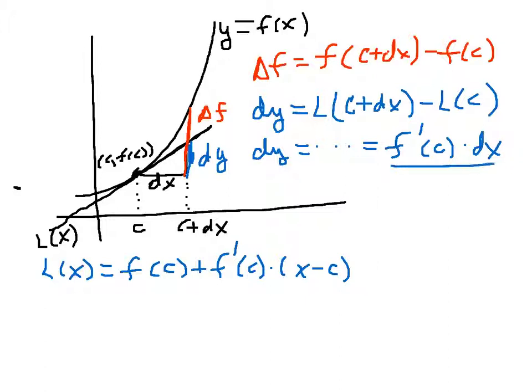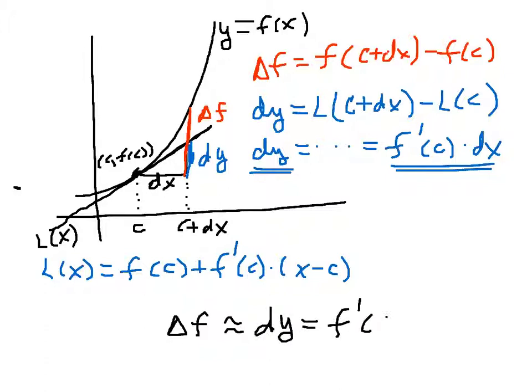And that's the big deal. That's the idea of the differential, which we've already basically talked about. So we're going to approximate delta f with dy, which is equal to f prime of c times dx. And the smaller the dx is, the better this approximation will be. Get it?